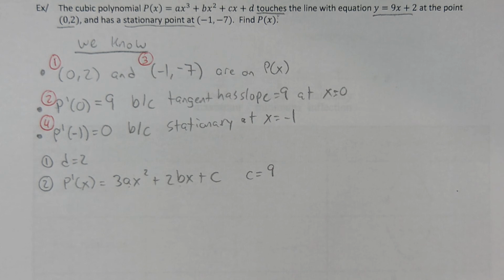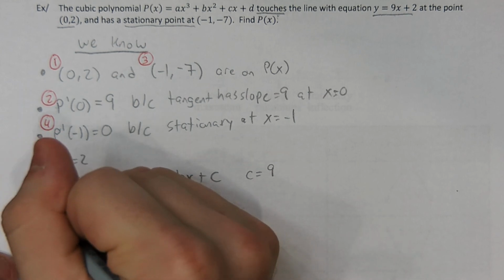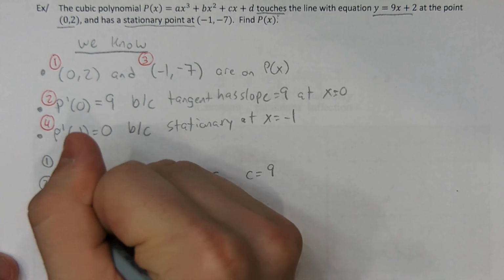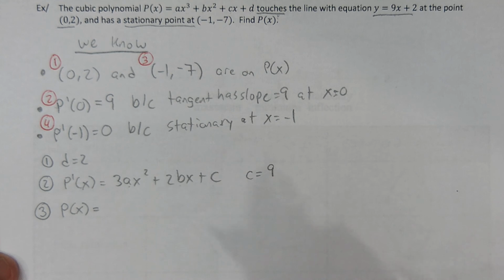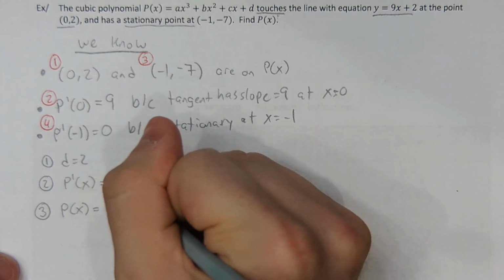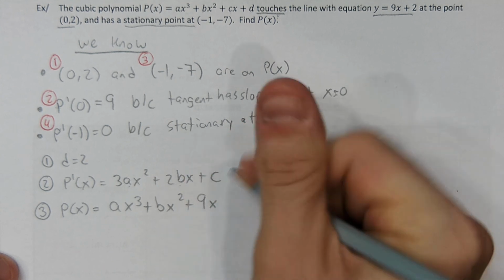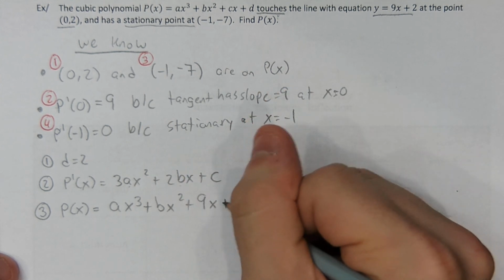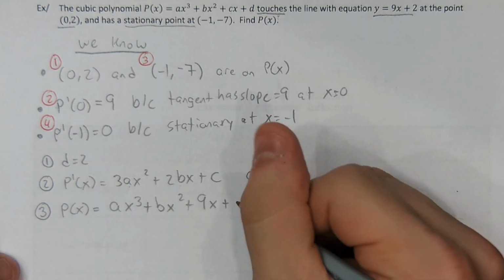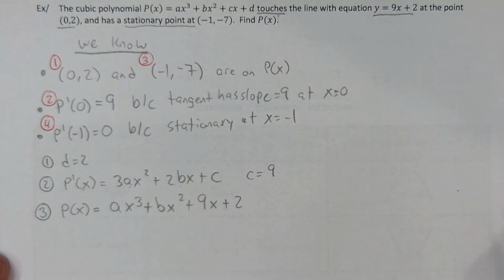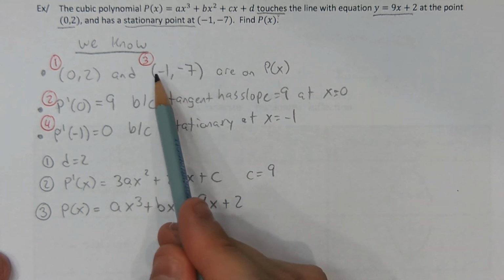In order to pull off the rest of this question, we are going to have to work with systems of equations. So in order to start clue 3, I need to write P of x with the two unknowns now in them. I have ax to the third plus bx squared plus 9x plus 2. And I'm going to plug in -1.